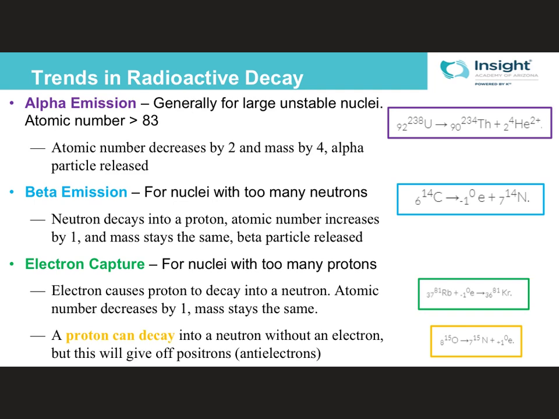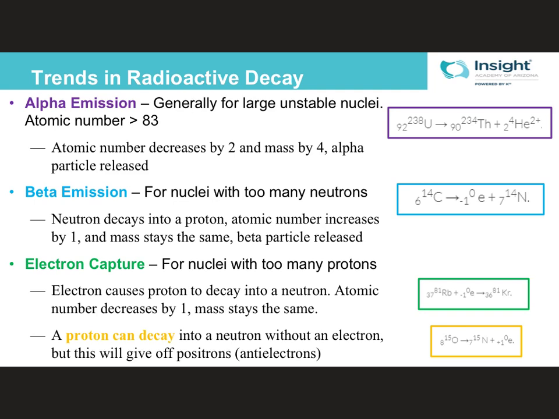There are also some trends to what types of nuclei go through these different kinds of radioactive decay. For example, alpha emission is predominantly done by large unstable nuclei, which makes sense because in an alpha particle, you're giving away 2 protons and 2 neutrons. You have to have enough of them there for that to be easy to give away.